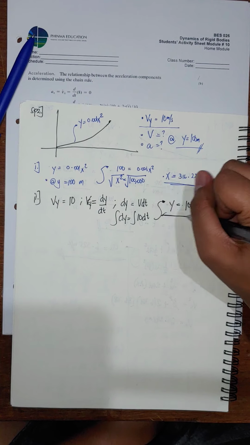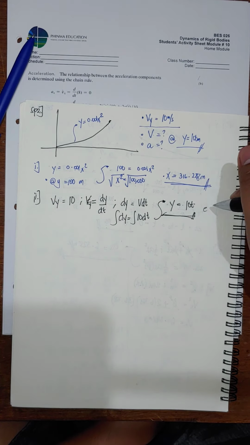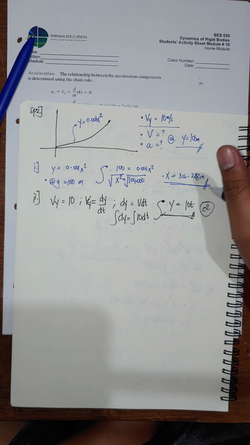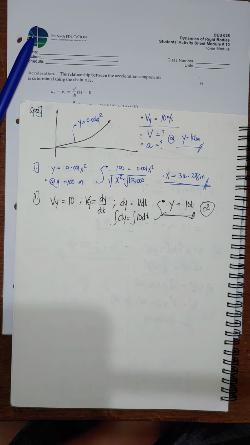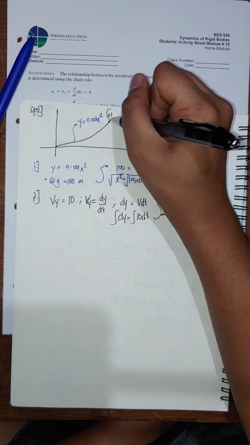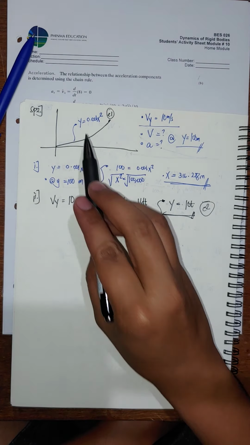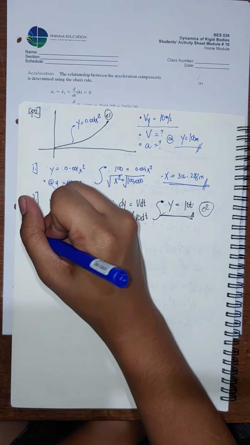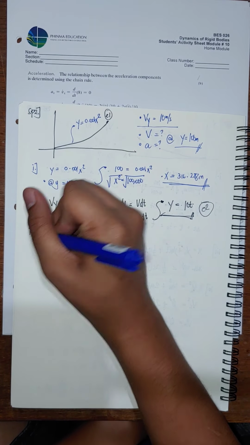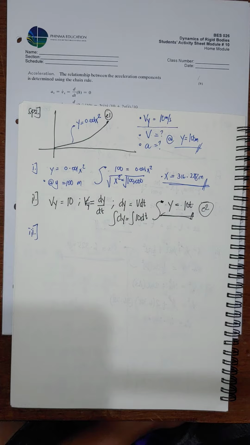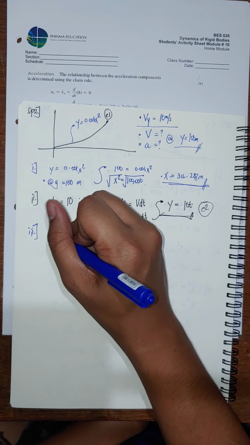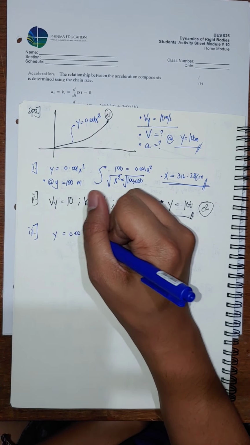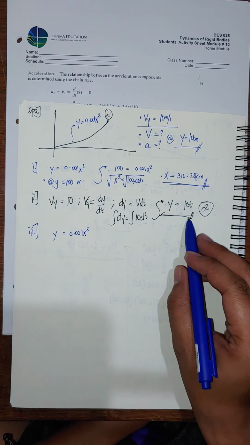So this is our second equation for y with respect to time. This is equation 1. Substituting equation 2 into equation 1, we can come up with a function for x with respect to time. We have y equals 0.001 x squared, and y is 10t.